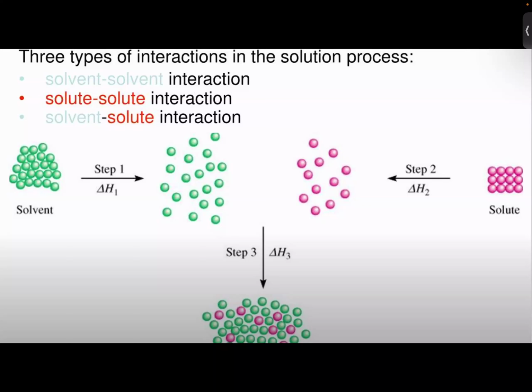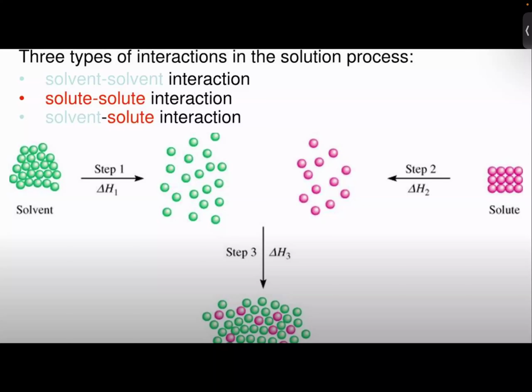You must introduce energy, typically in the form of enthalpy, in order to break down the interactions between the individual solute molecules, allowing the solute molecules to spread out. Now, once the solvent molecules have spread out and the solute molecules have spread out, then energy is given off when a solution is formed.